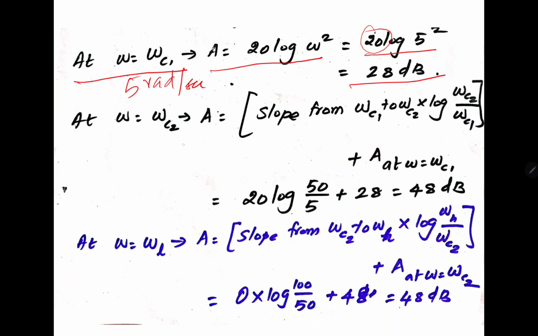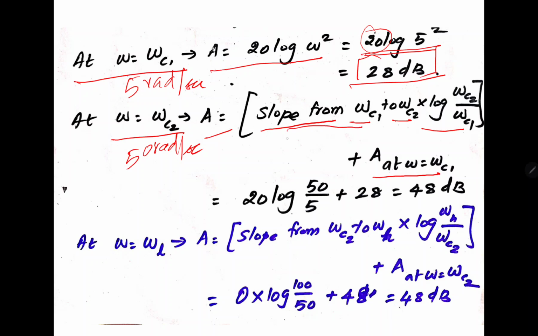At omega equal to omega C2, which is 50 radians per second, the gain A is equal to the slope from omega C1 to C2 times log of omega C2 by omega C1. This is the formula for the change in slope. In addition, we add the gain at omega equal to omega C1, which we have already determined as 28 dB.